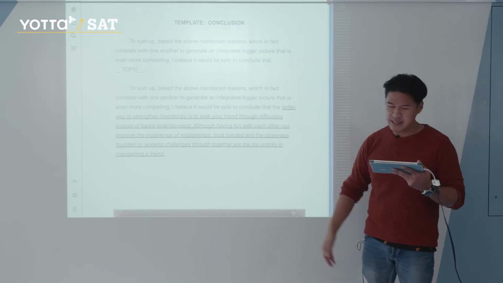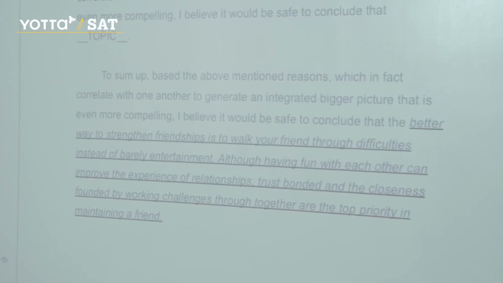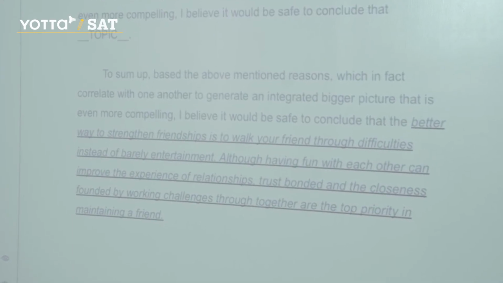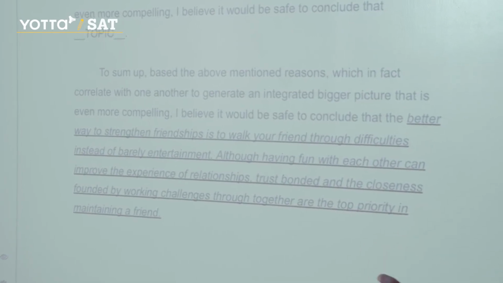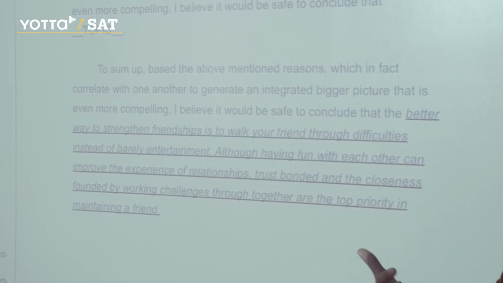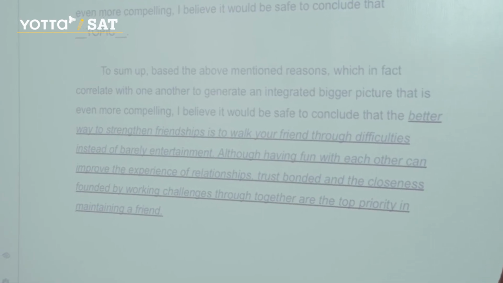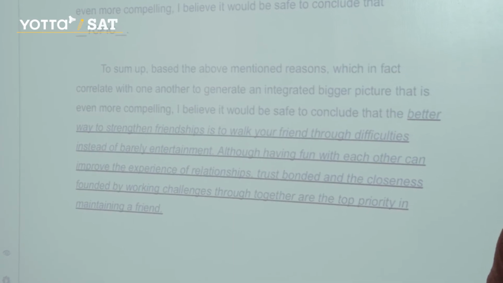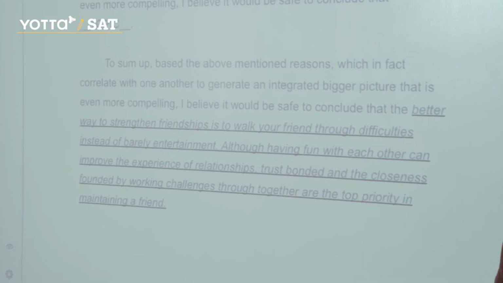In this case, that the better way to strengthen a relationship is to walk your friends through difficulties instead of mere entertainment. And you can add a few sentences to balance out your conclusion. Although having fun with each other can improve the experience of a relationship, trust, bond, and closeness founded by working through challenges together are the top priority in maintaining a friendship.